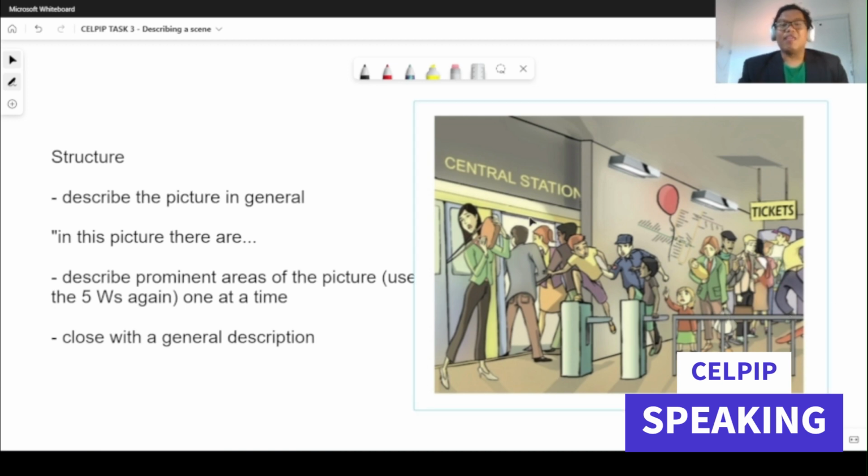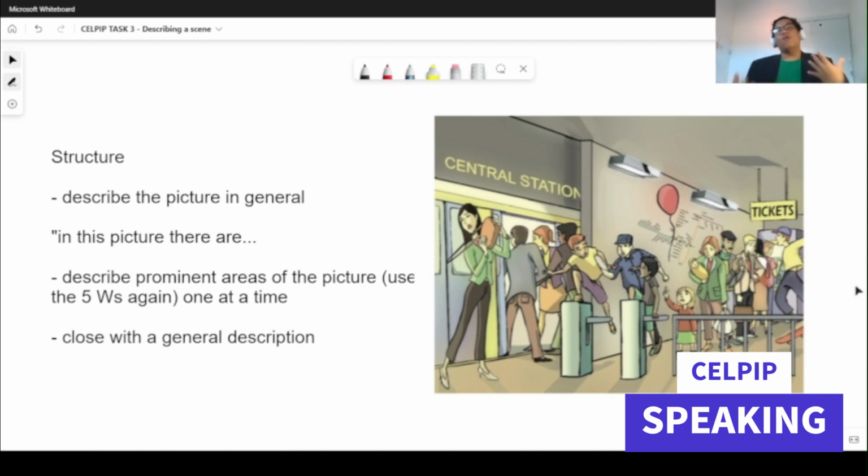And lastly, you have the people boarding the train itself. So those 3 categories are going to be the body of your answer, and you have to describe each of those 3 things.